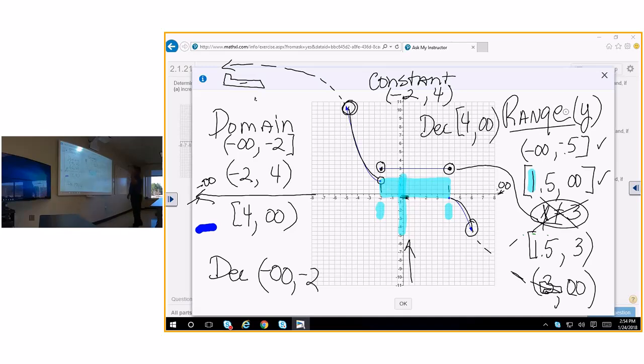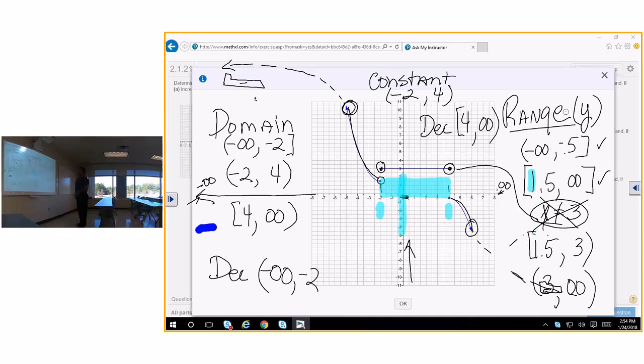Okay? So I know this is kind of a jumble, and the board is not cooperating with me. But the whole thing is that you need to read the domain from left to right on the x-axis. You need to read the range from the y-axis, and you need to read the increasing and decreasing from left to right. Remember, it's a plane.